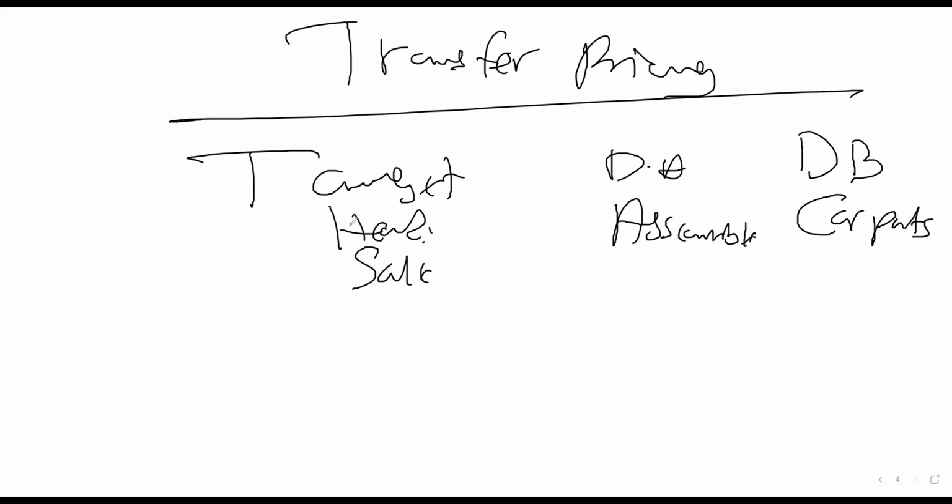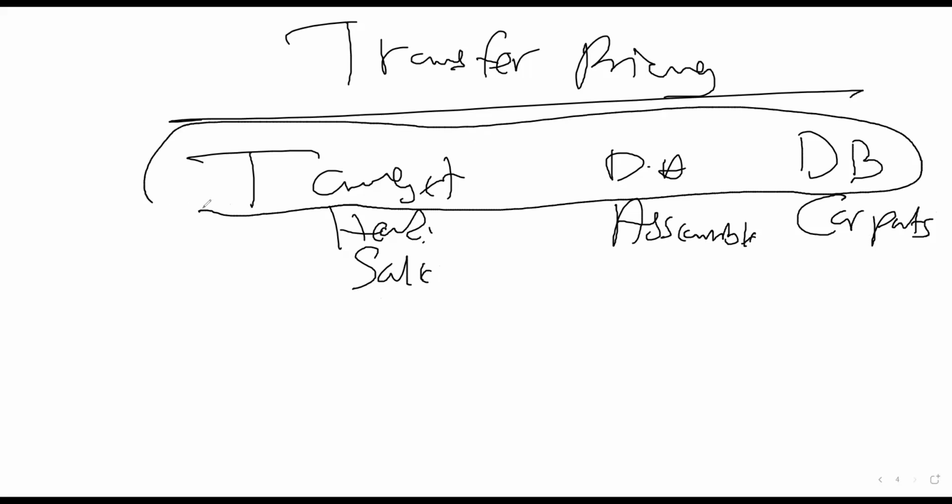So now the question is that anytime these people are related, all these three divisions, they are related. Anytime they are selling among themselves, we don't call it sales, we call it the goods has been transferred.